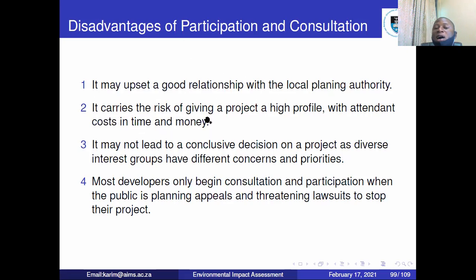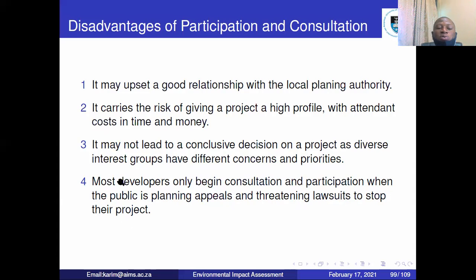The cost may be too high, meanwhile the project may not be that much. And then it may not lead to a conclusive decision because people will have different concerns and different priorities. This is likely to happen, and you have to find a way of dealing with them. These are some of the disadvantages. And most developers only begin consultation and participation when the public is planning an appeal and threatening a lawsuit to stop their project.